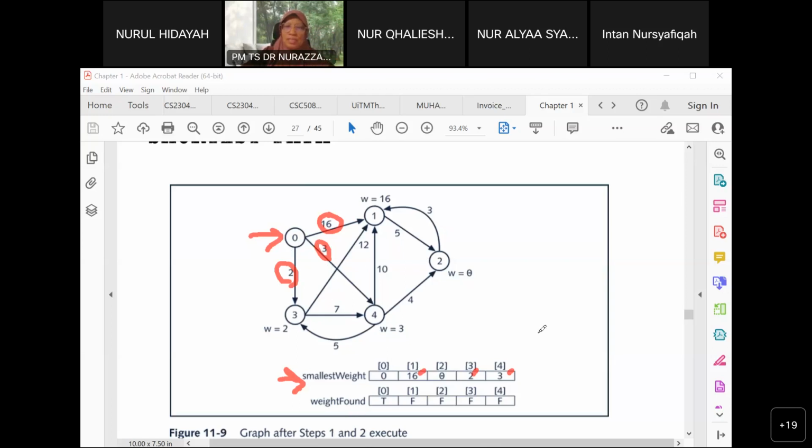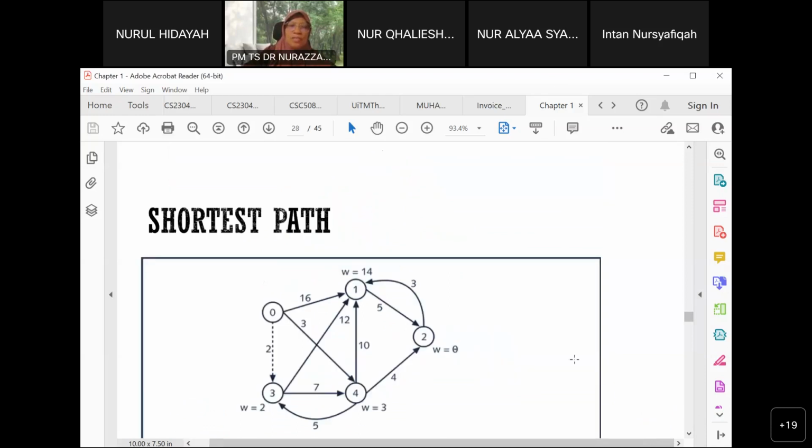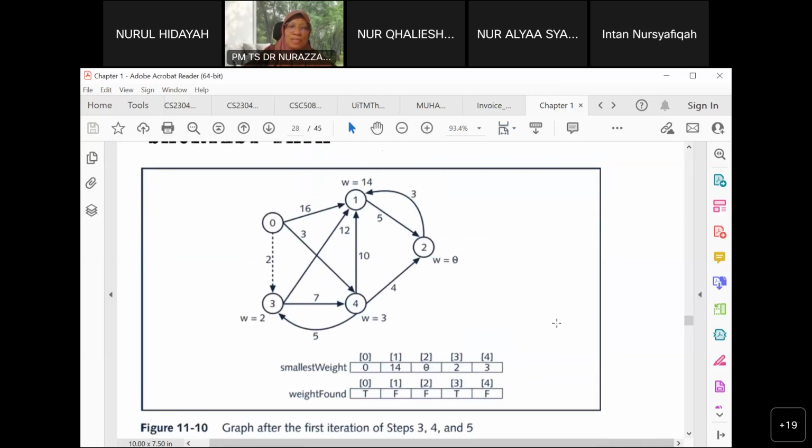Okay, let's see. Next ialah, selepas ni. Graph after step 1 and 2 executed. That means the graph dan smallest weight tu yang kita dapat after first iteration of the algorithm. Okay, so next. Selepas step 3, 4 and 5.